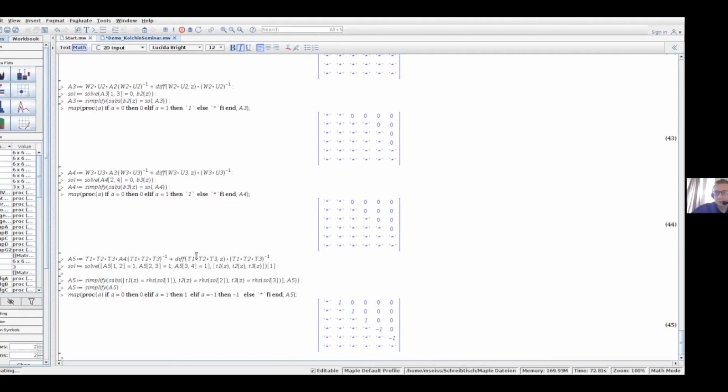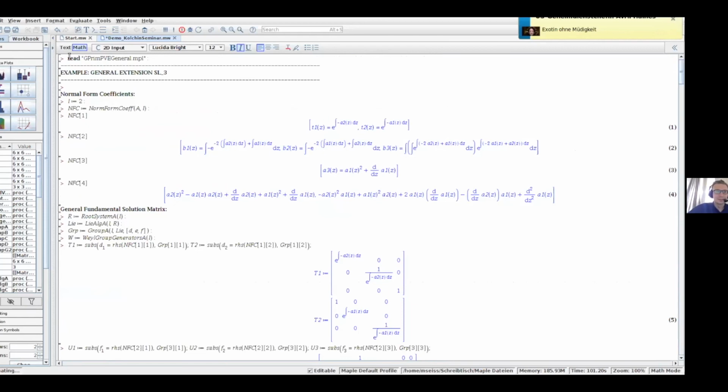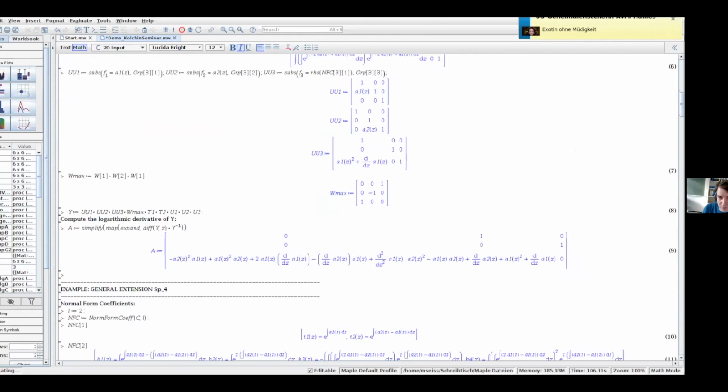Meanwhile, John is asking whether the Maple worksheets will be available online just to play with, or it's some work in progress. I think I sent Michael a PDF version of the Maple sheet. But for the Maple sheet you need my programs. Makes sense. So you see here I did this program to compute the root system, the Lie algebra, and the group, and so on.